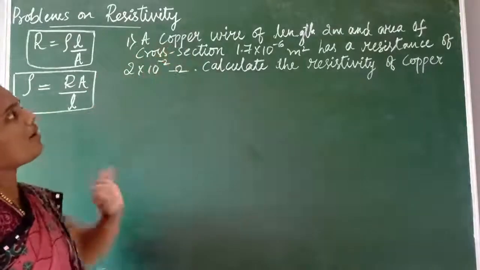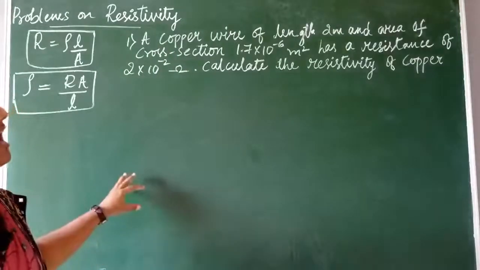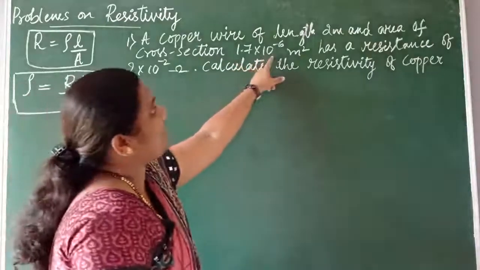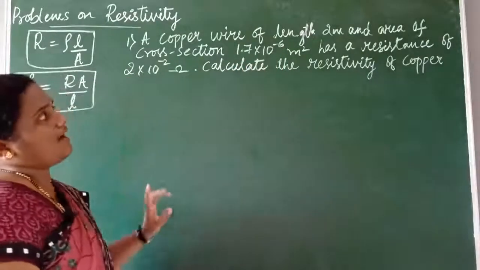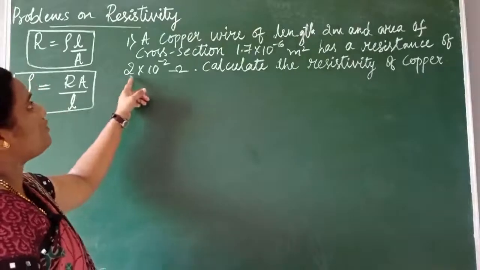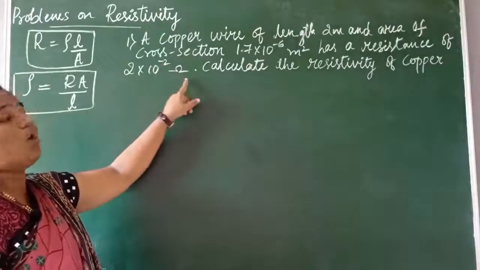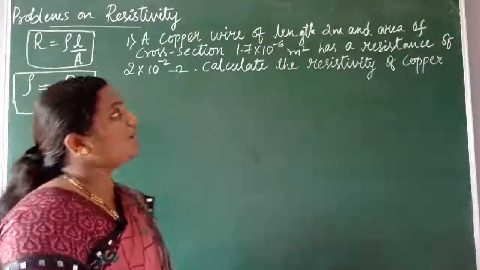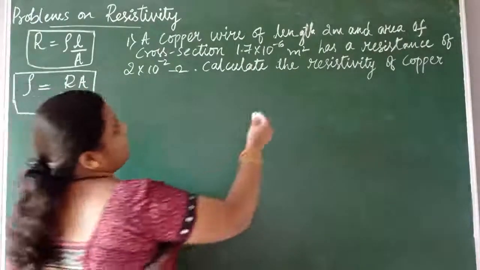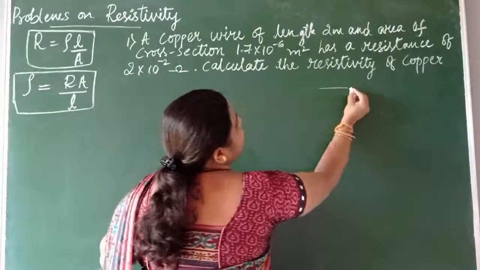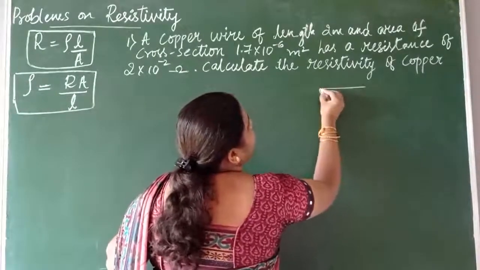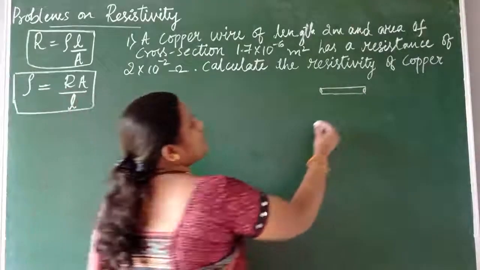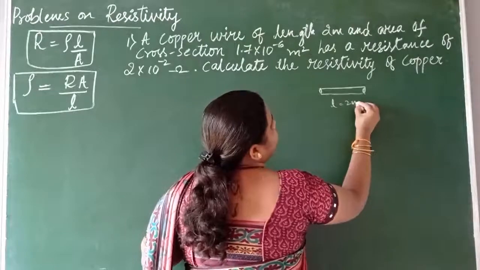A copper wire of length 2 meter and area of cross section 1.7 into 10 to the power of minus 6 meter square has a resistance of 2 into 10 to the power of minus 2 ohms, children. We need to calculate the resistivity of copper. So children, let us make some assumptions. If this is a copper wire, the length of it is how much? 2 meter.